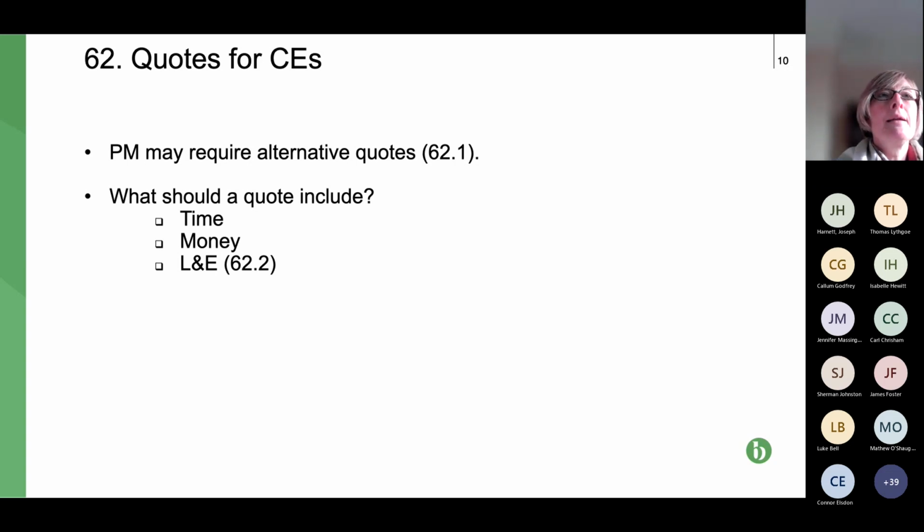So by analogy, in JCT, we have a variation clause for extra work, we have an EOT clause for an extension of time, and we have a loss and expense clause for the money relating to that time.